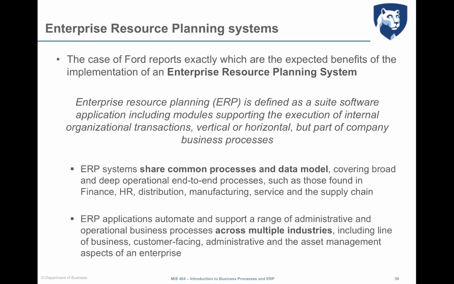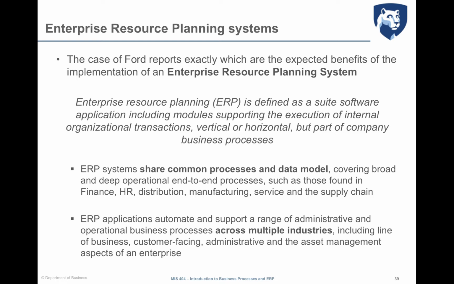The 4Ks report exactly which are the expected benefits of the implementation of an enterprise resource planning system, which can essentially be defined as a suite of software applications, including modules supporting the execution of internal organizational transactions, vertical or horizontal, but part of company business processes.